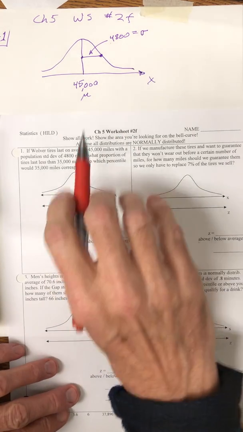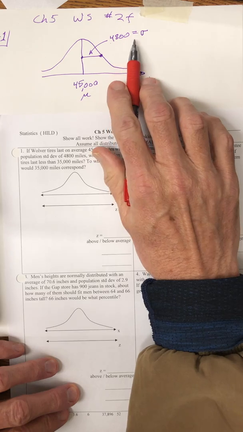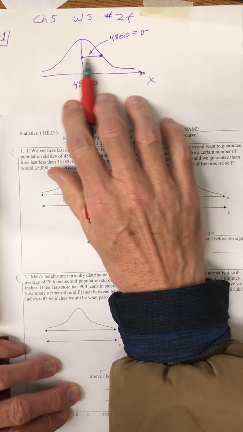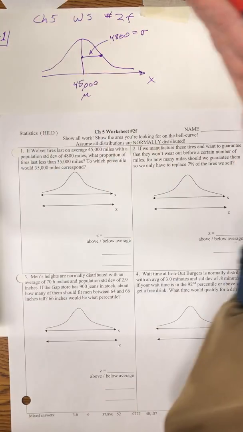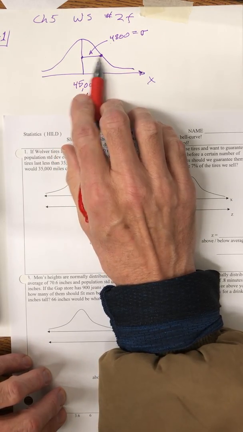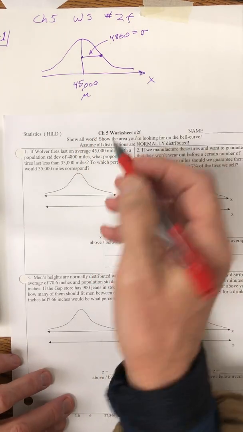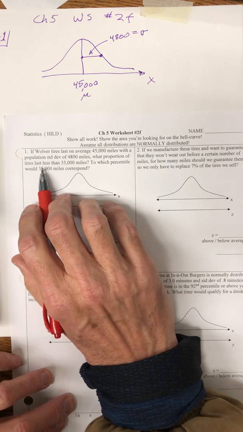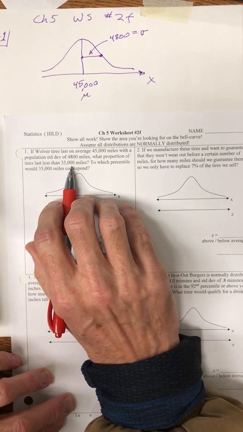So this is the mean in the middle, and sigma, the standard deviation, is how spread out the distribution is, how wide the bell curve is. It's from the mean to this point right here. And then we want to know what percentage of tires, or what proportion of tires, last less than 35,000 miles.